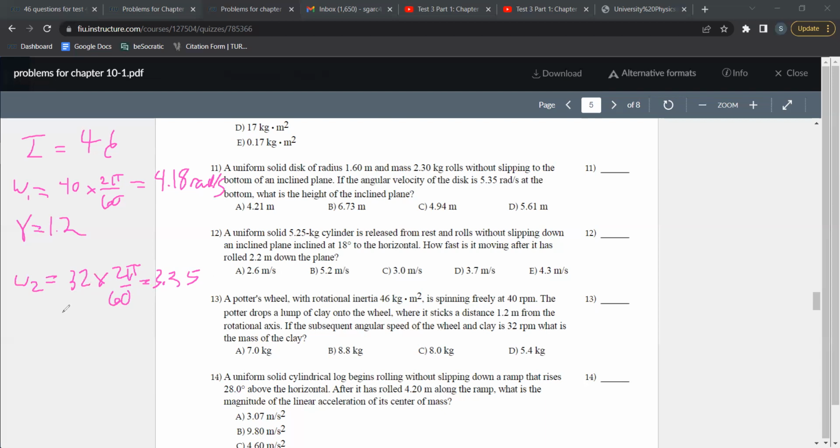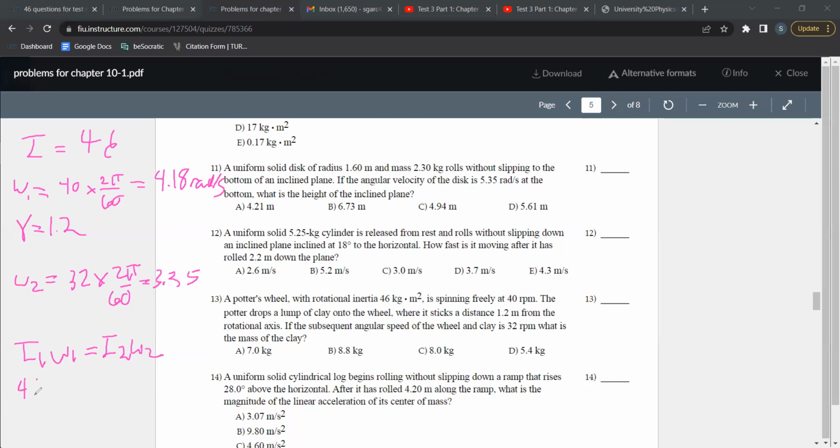So now we set this up, since this is a conservation of momentum problem. We do our inertia times our angular velocity, equaling our inertia 2 times our angular velocity 2. The angular momentum will be conserved. So let's just start plugging things in.